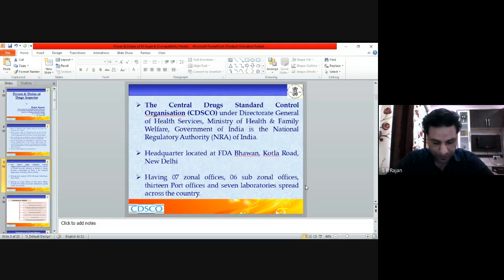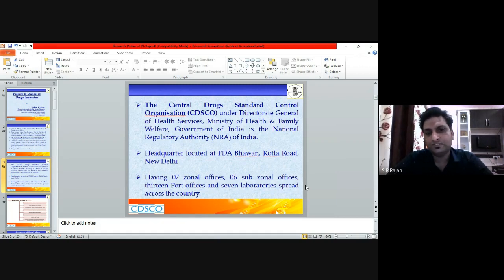The National Regulatory Authority, CDSCO, the Central Drug Standard Control Organization under the DGHS, Ministry of Health and Family Welfare, is the National Regulatory Authority of India. Its headquarters is located in the FDA Bhavan, Kotla Road, New Delhi.